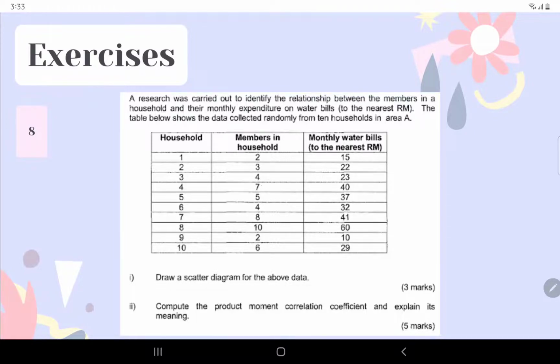So all these 8 questions you need to find the solution, and we will discuss the solution in our tutorial class.